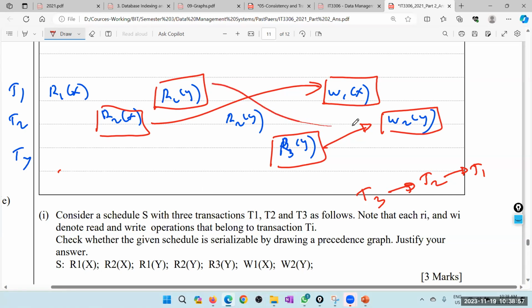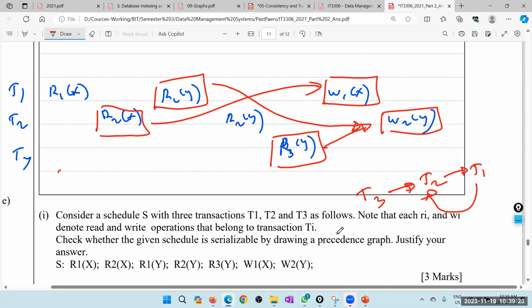So therefore we have another possibility. That is T1 to T2. Now we have a cycle. You can see T2 to T1, T1 to T2. So therefore this is not conflict serializable. So therefore you can't find the equivalent serial schedule also. Right? So you just have to say this is not conflict serializable because there are cyclic dependencies.